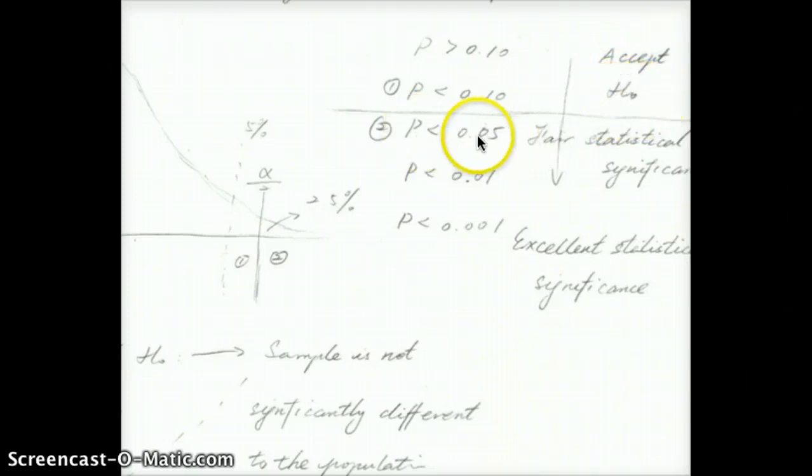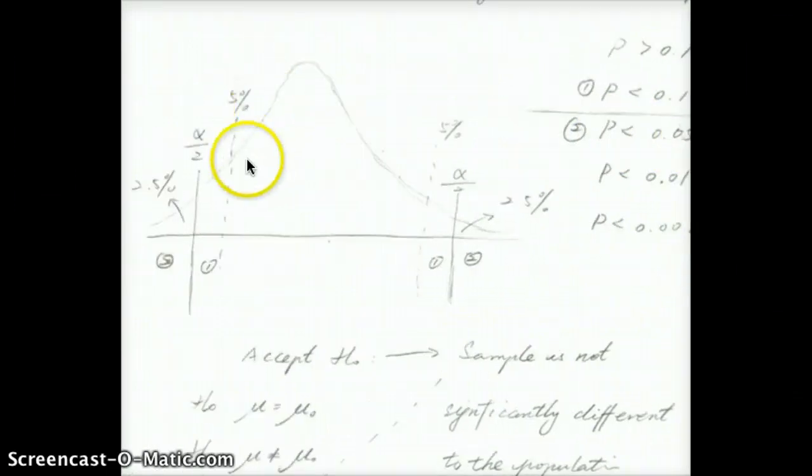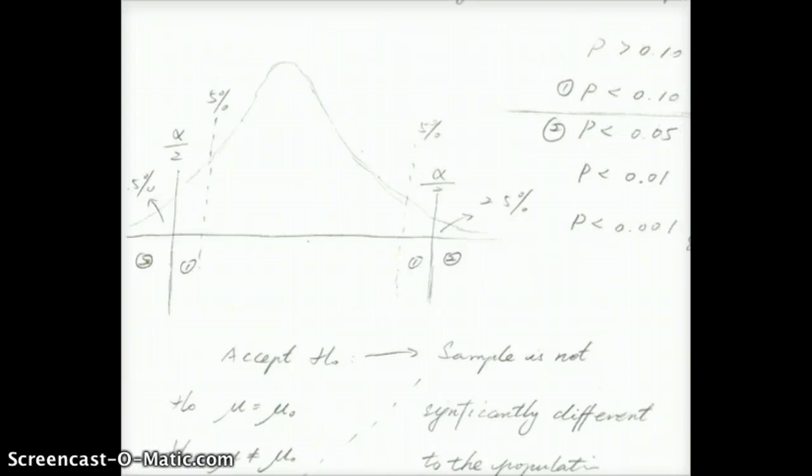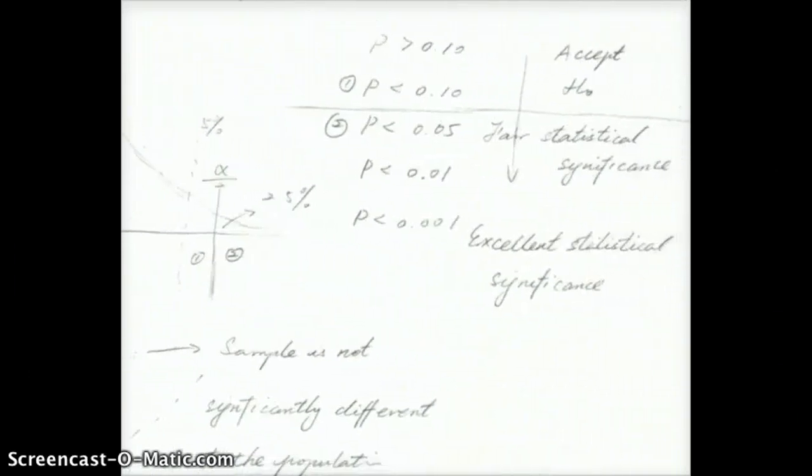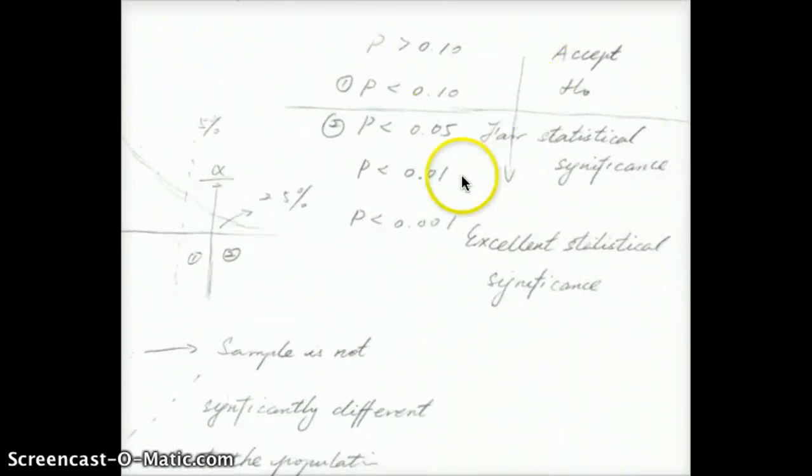If the p-value is smaller than 0.05, it means this dot should be in this part, which means it is in the reject area. So we have to reject the null hypothesis, and then we will accept the alternative hypothesis.